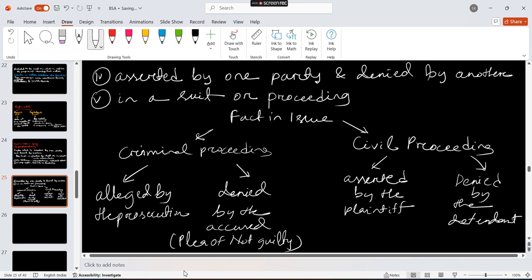In civil cases it is asserted by the plaintiff through plaint, and it is denied by the defendant through written statement. Clear? So the facts of the plaintiff are there in the plaint and the facts of the defendant are there in the written statement.